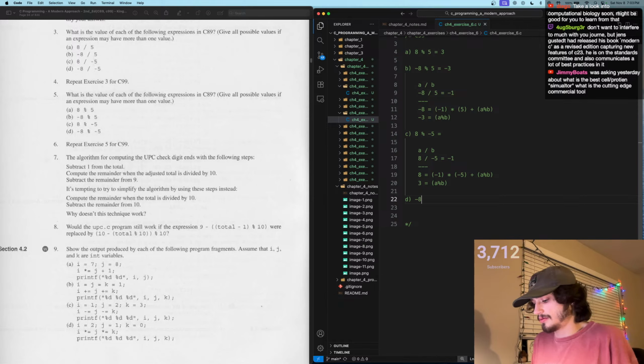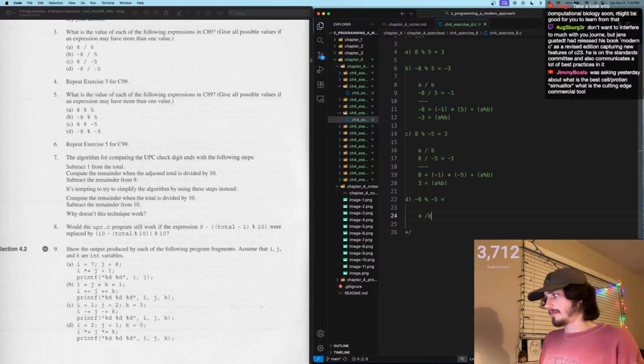Negative 8 modulo negative 5. So this would be positive 3. If we do A divided by B, which is negative 8 divided by negative 5, which will be 1.